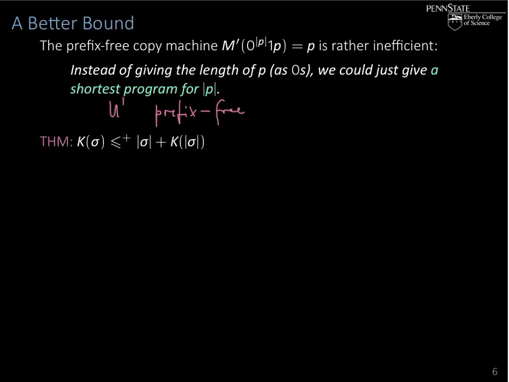And if we do this, we get the following theorem. The prefix-free complexity of a string is bounded from above, up to an additive constant, by the length of the string plus the complexity of the length of the string. And we will see later that this bound is indeed sharp.